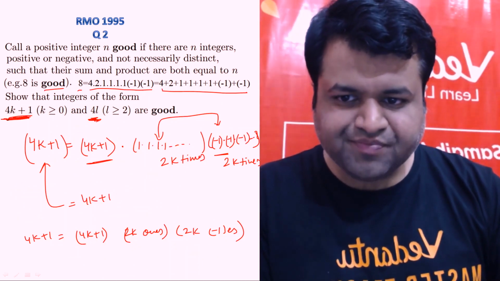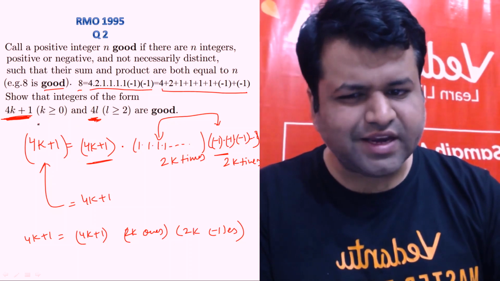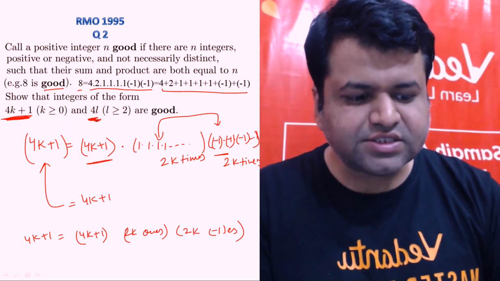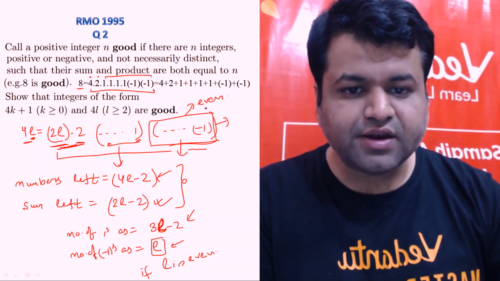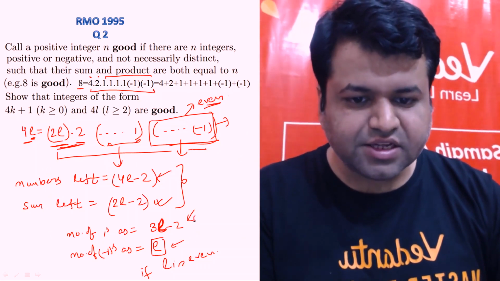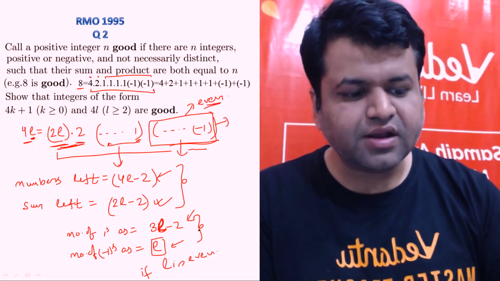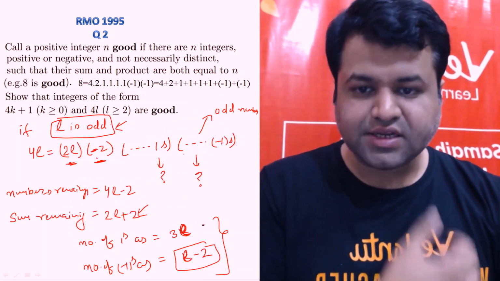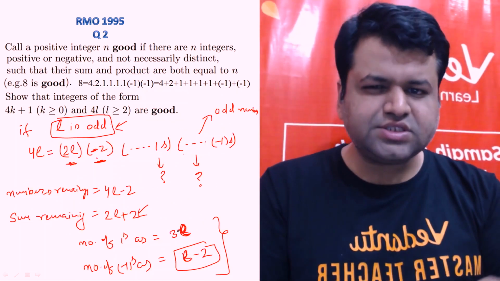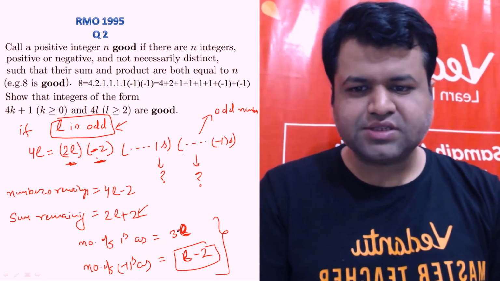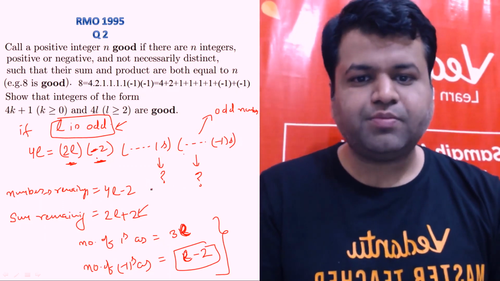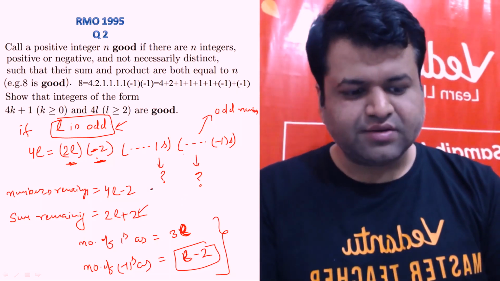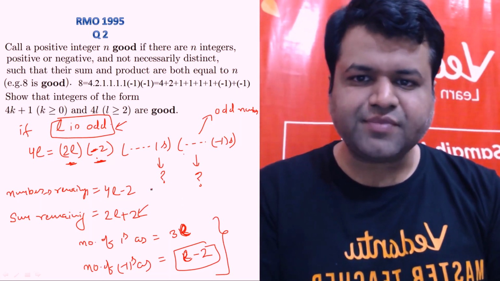First we proved for 4k plus 1, that was very easy. After that we started proving for 4L, where we made two cases: one when L is even, and if L is odd, then we did this. So this is a good question as far as number theory is concerned, especially the part where L is even and L is odd. I hope this question is clear now, right?